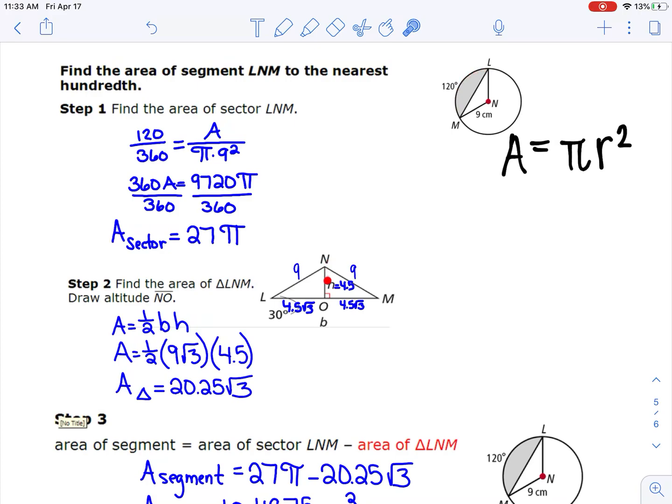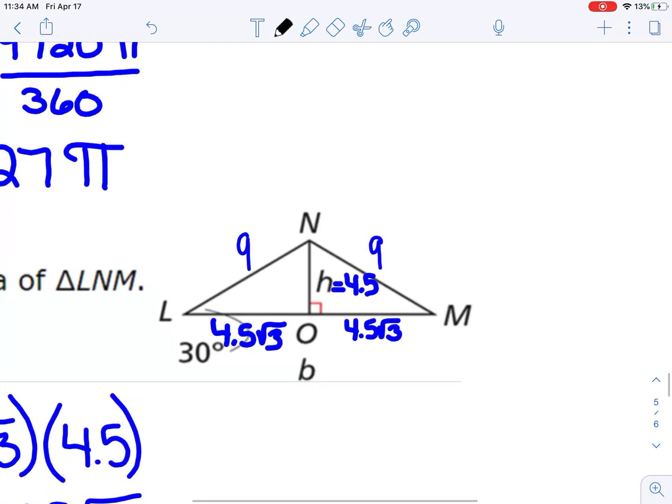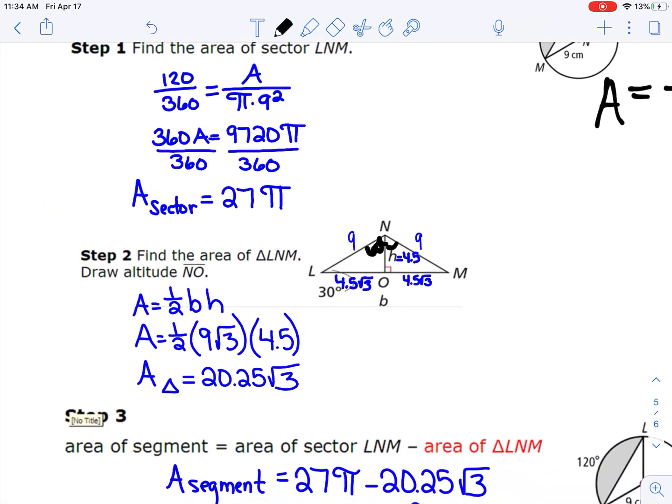So if we draw in that altitude, NO, that is bisecting that angle. So that tells us that each of these two angles is 60 degrees because 120 divided by 2 equals 60.